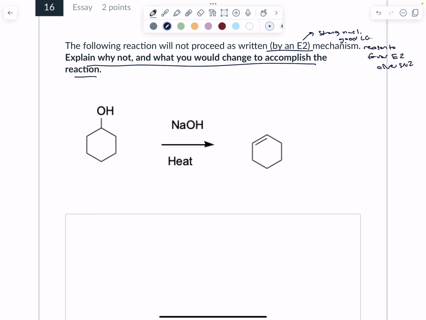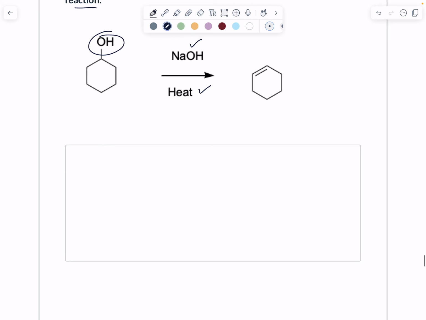So when I'm looking at this, we have a strong nucleophile, we have heat, which favors E2 over SN2, but we don't have a good leaving group. So my answer to this would be, it would not proceed because we do not have a strong leaving group.